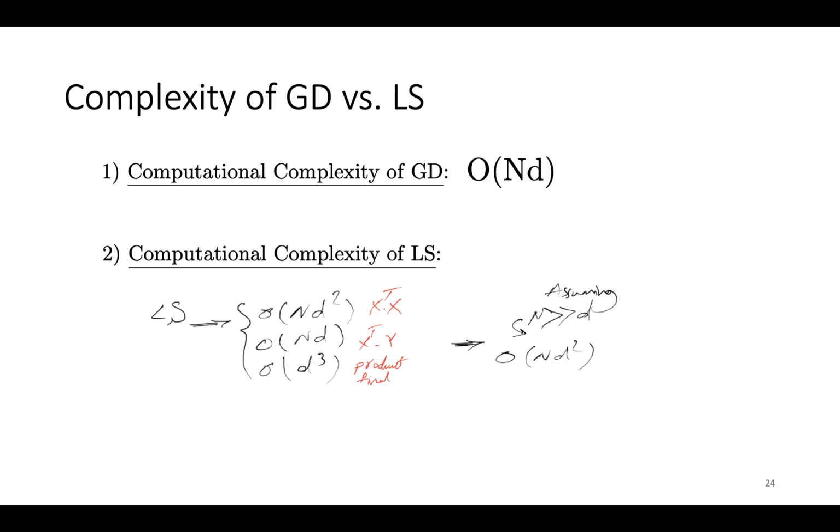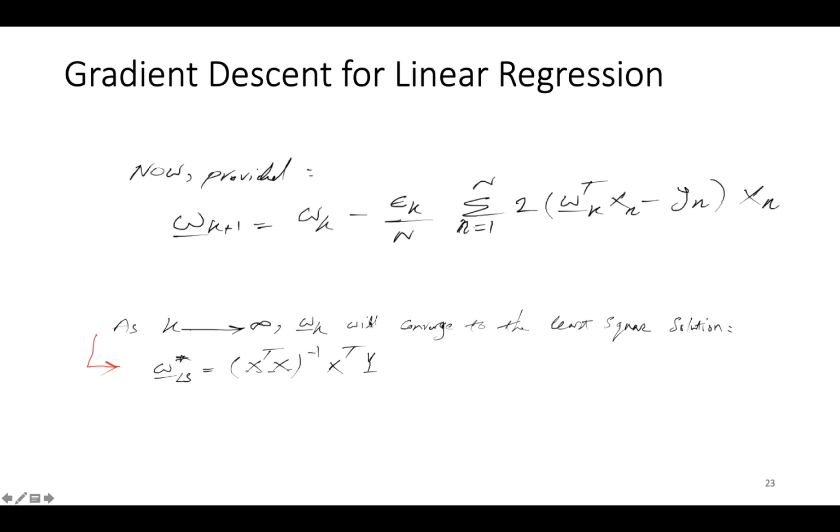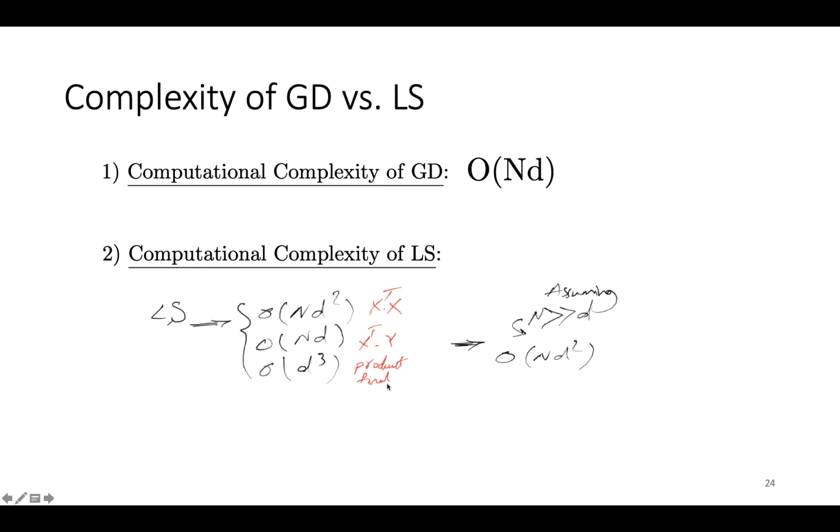However, if you compute the order of pseudo inverse for the least square method, or for the linear regression, right? So you had x transpose multiply x, which has the order of nd square. On that formula, here you had this, you had an inverse, and you had that. So this dot product is good enough, order of nd, but the final product is gonna make it d cube.